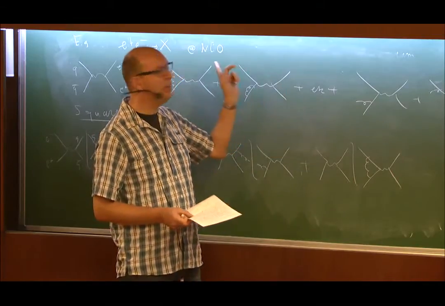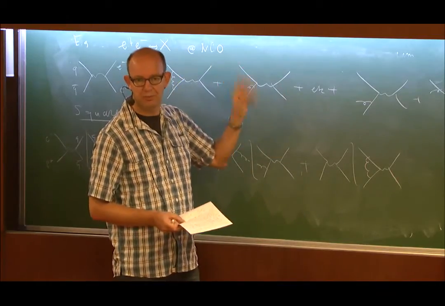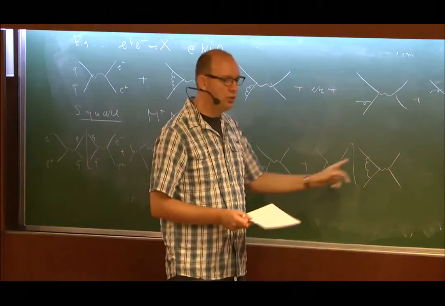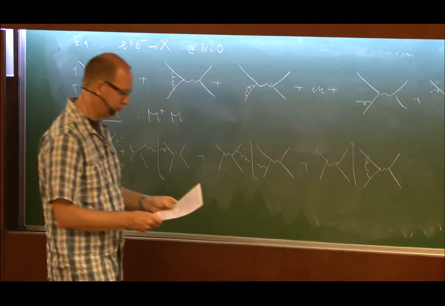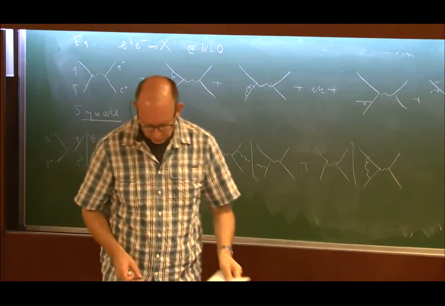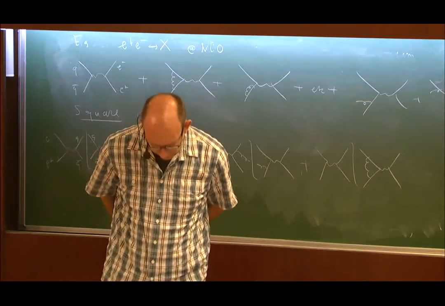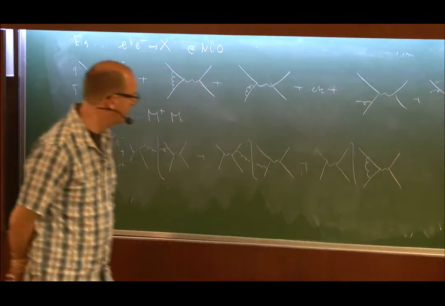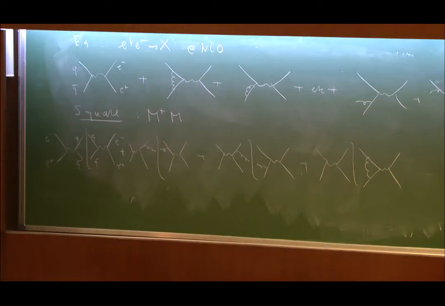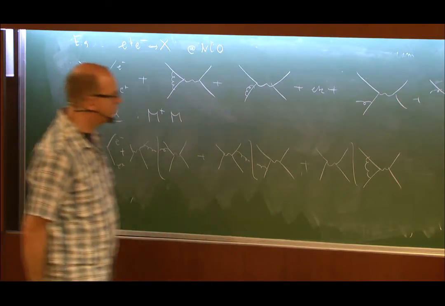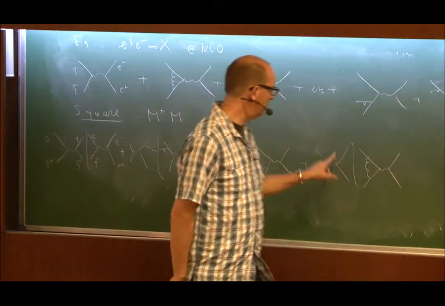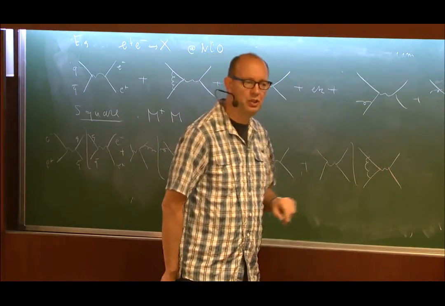That's part of the NNLO calculation, which we do not do. So the loop only occurs as an interference term. So we have here 2 contributions. Of course, I haven't drawn all of them because there's also the one where the loop sits here. I've drawn only some of the contributions.